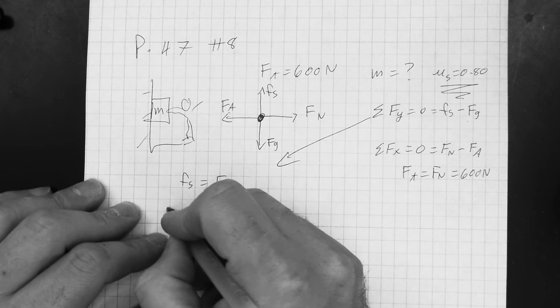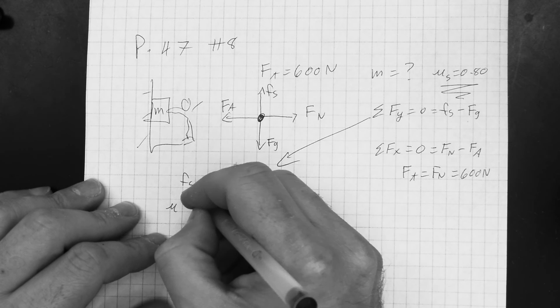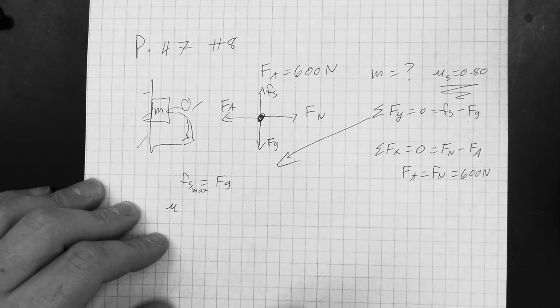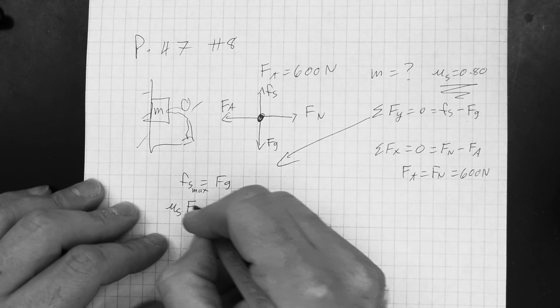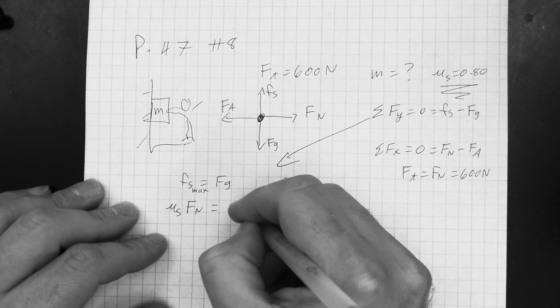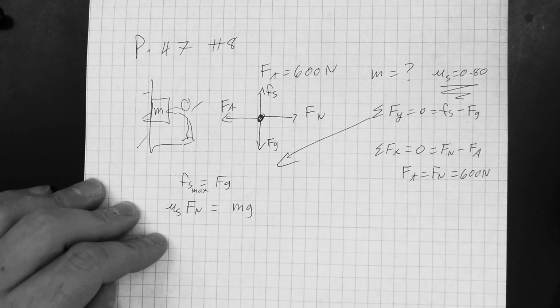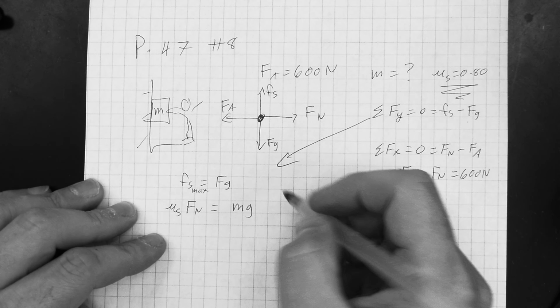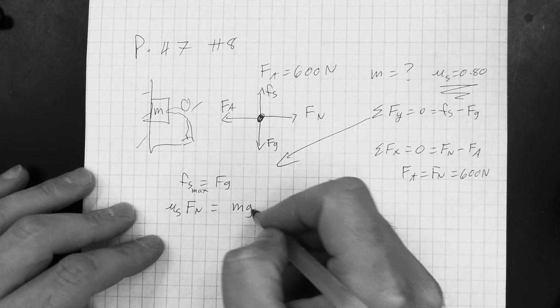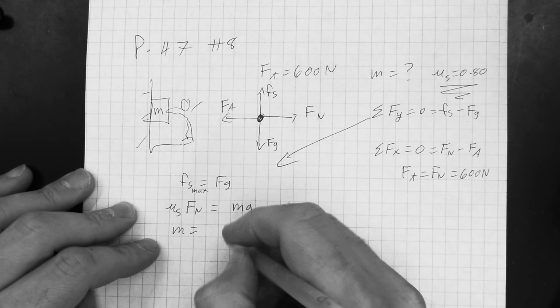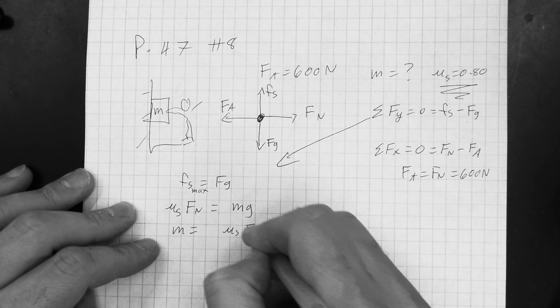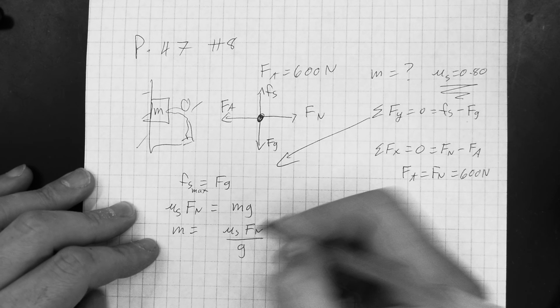The force of static friction, max, which is really what we're looking at here, is equal to mu s times the normal force. That should be equal to mg in our particular problem. The normal force is a known quantity. We're looking for mass, so I'm going to solve this to say mass equals mu s Fn divided by g.